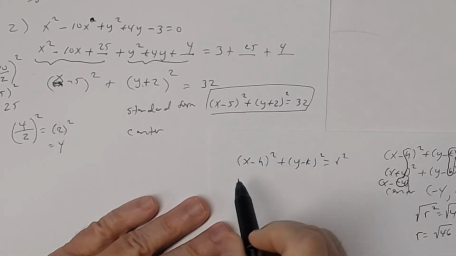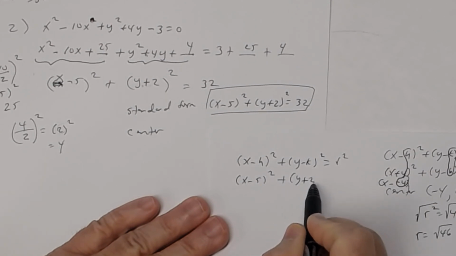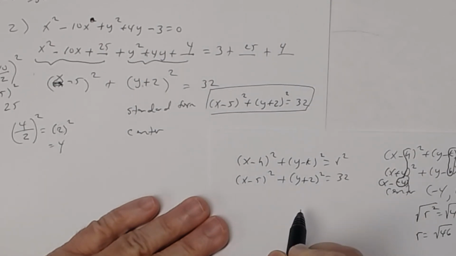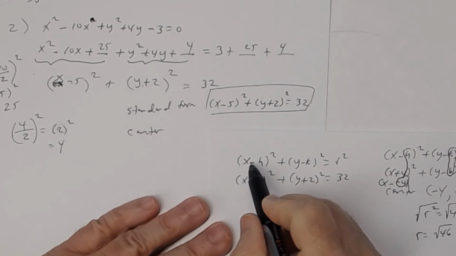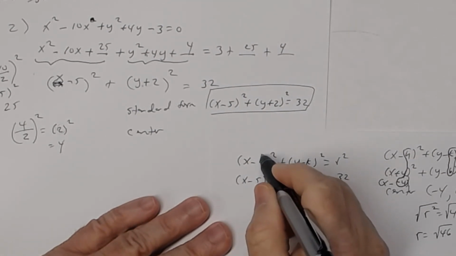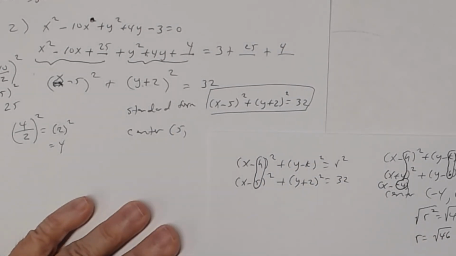So in this case, I have x minus 5 squared plus y plus 2 squared equals 32, right? And notice, see this x minus, so that means that h is a positive 5. So your center is a positive 5.